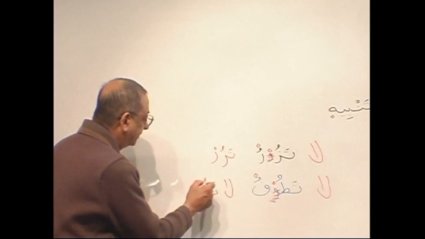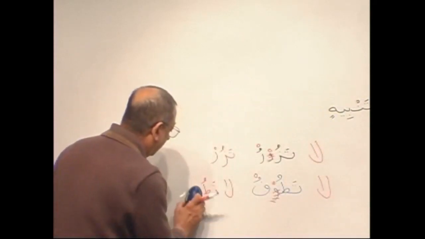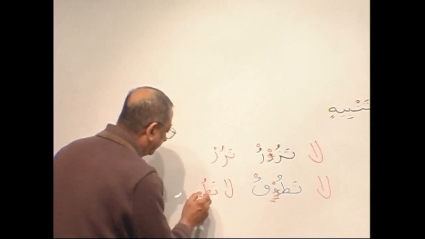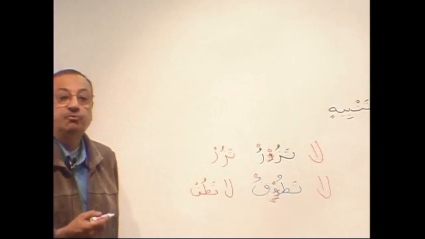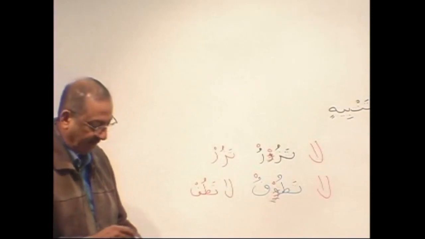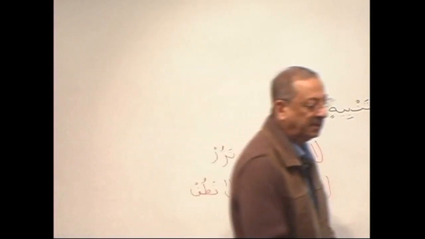Now, brothers and sisters, you have got to do it at home. You have got to do all these things at home. La tatuf. The waw got dropped. Now, one more thing, brothers and sisters. In our classes, in the beginning, we said there are 3 vowel signs. What are they? Fatha, Dhamma, Kasra.